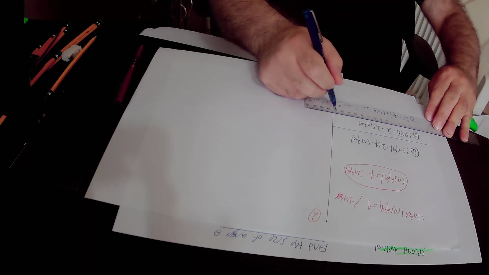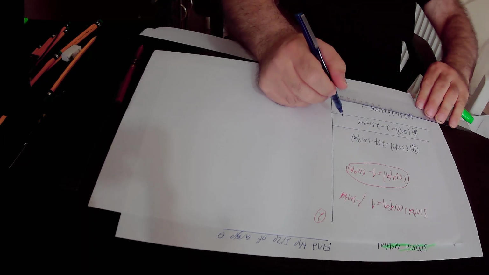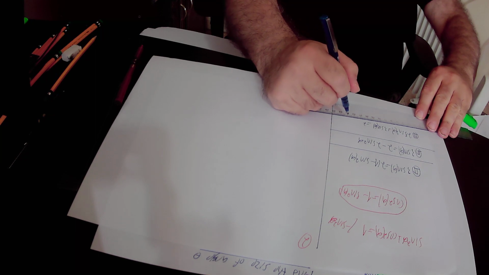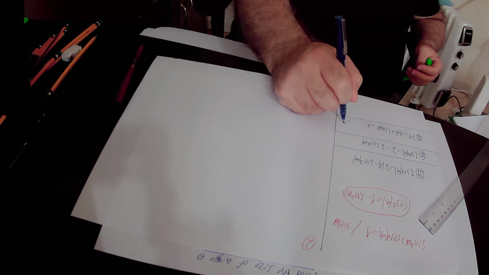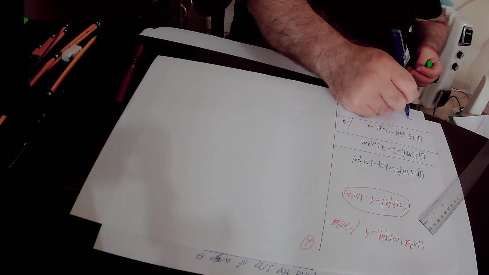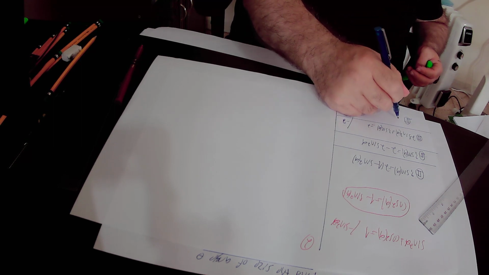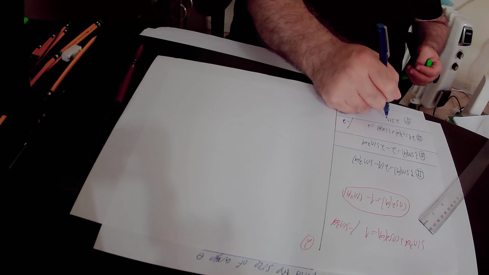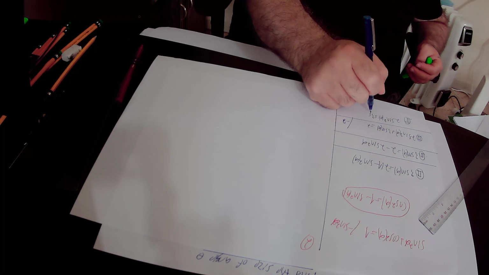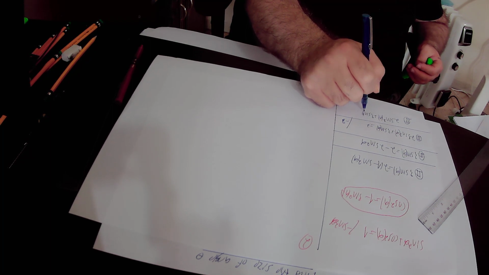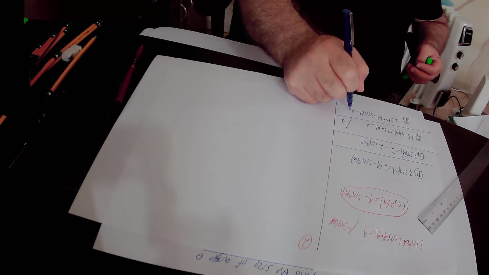Here we'll subtract 2 from this equation number 2, and we'll get that according to equation number 2, two sine square alpha plus 3 sine alpha minus 2 equals 0.